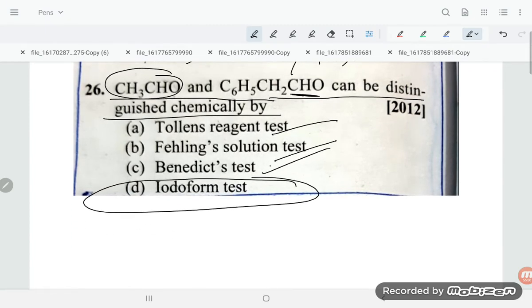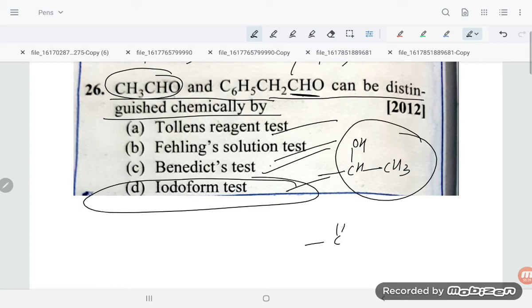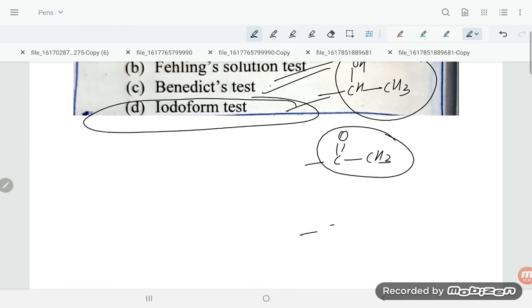Iodoform test only methyl ketone gives, students. So which group gives iodoform? That is CH with OH, and this is the group, and this is CH3. So this is the methyl hydroxy group, or we have C double bond O with CH3, this group.